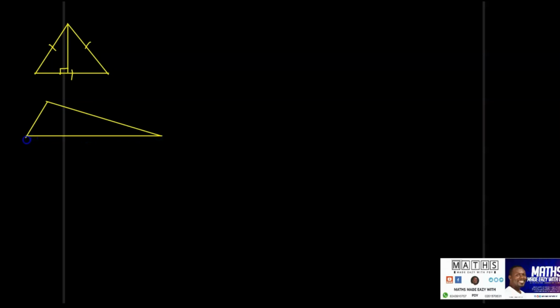Now, if I also have a scalene triangle, which is like this, meaning all the sides are not equal. Do you agree? I can form a right angle triangle by simply introducing a perpendicular height. So that is why the idea of trigonometry started from right angle triangle.